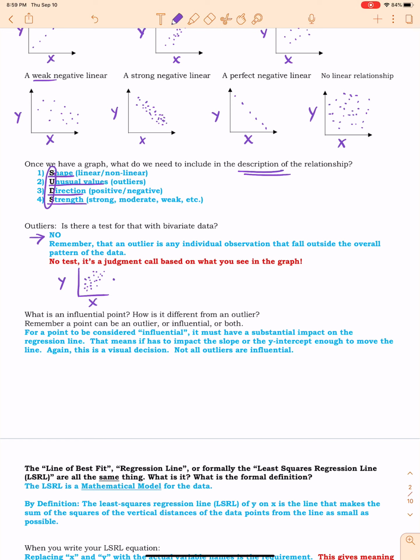And oh, look, there's our little outlier right over there. See? It's an outlier. And it is a judgment call. If it doesn't go along with the rest of the trending of the data, then guess what? It's an outlier. We're going to talk more about outliers in the next video because I need to talk to you about whether or not it's influential, and that's going to take some time.